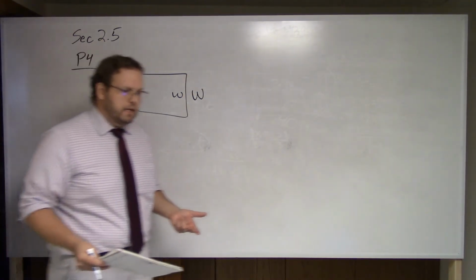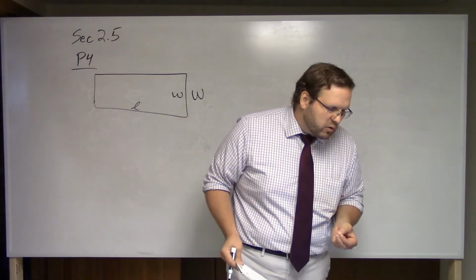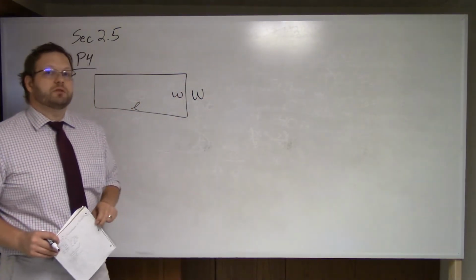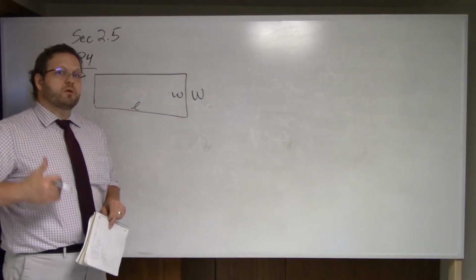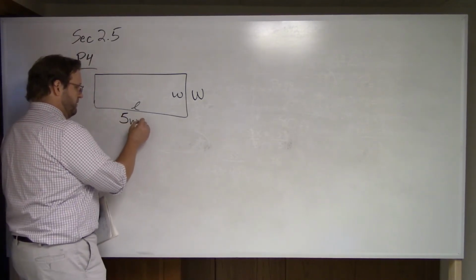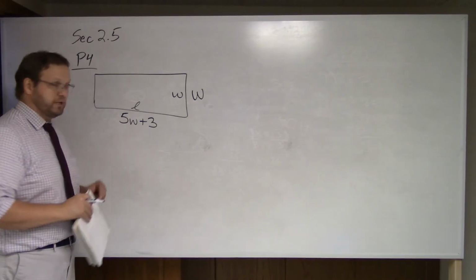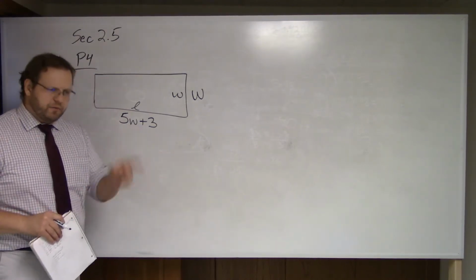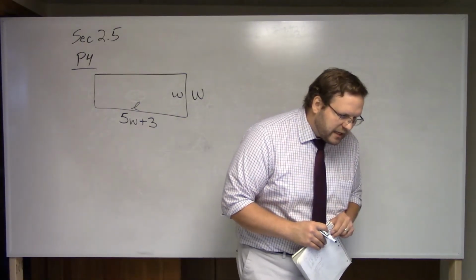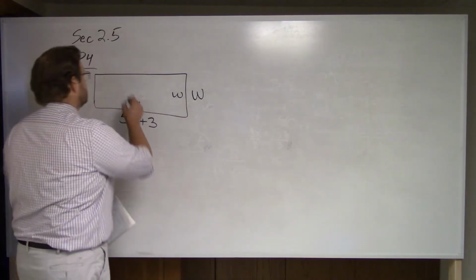The length is 3 more than 5 times the width: 5 times that width, 3 more than that. And there's my translation. Now, they give you one other piece of information. It says the perimeter of the signs is 66 inches. So they come out and say perimeter is 66.